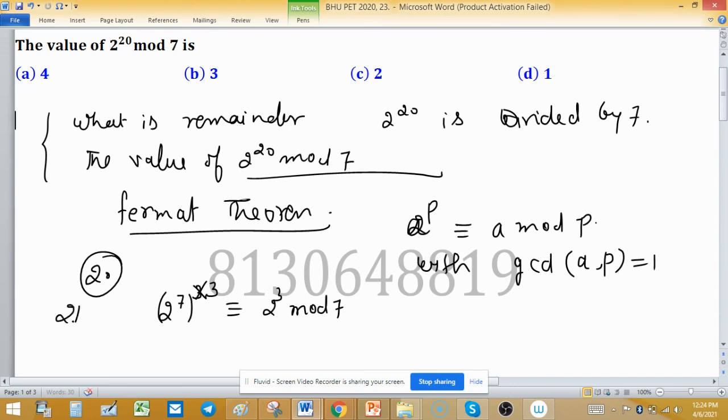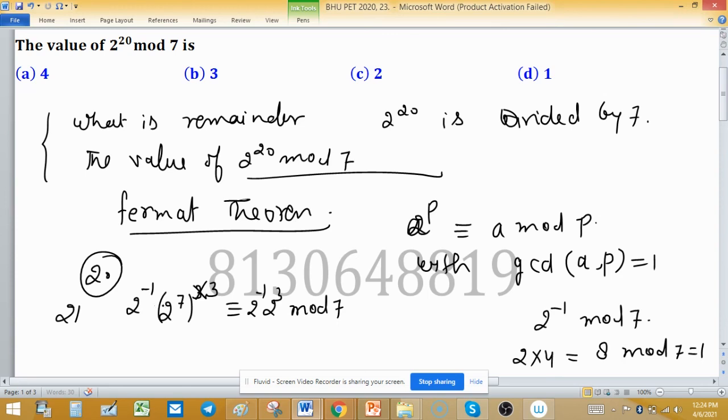It is giving us 21, but we need 20, so take the inverse of 2 on both sides, under mod 7. 2 inverse is the number that will multiply with 2 and give us 1, meaning 2 into 4, 2 times 4 is 8, 8 mod 7 is 1.